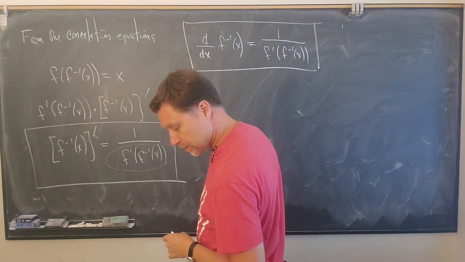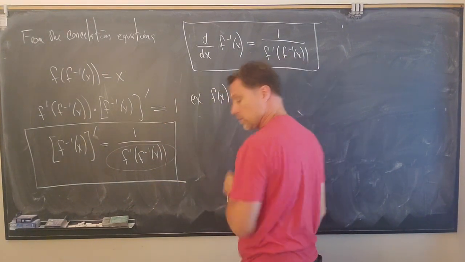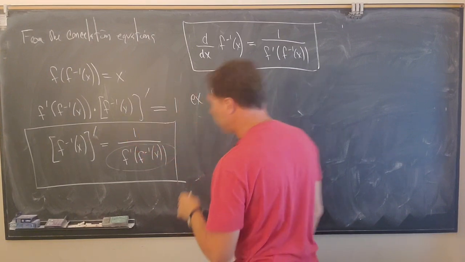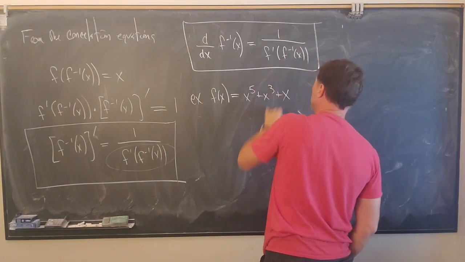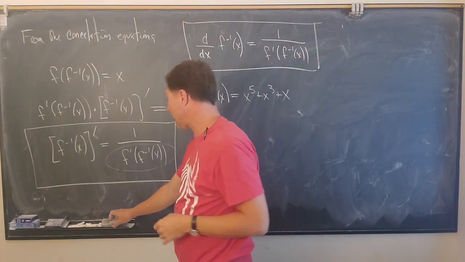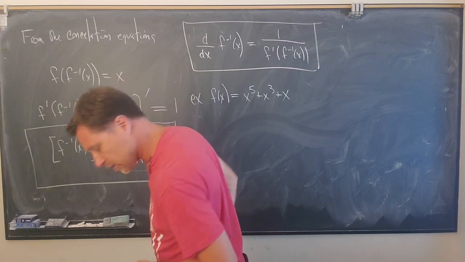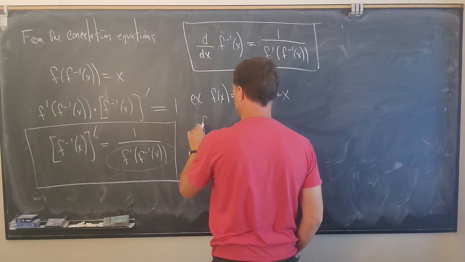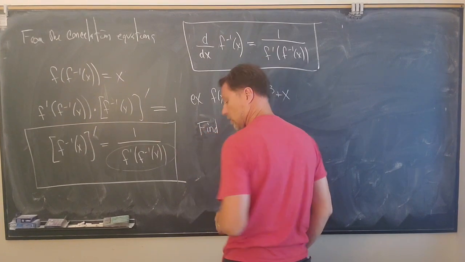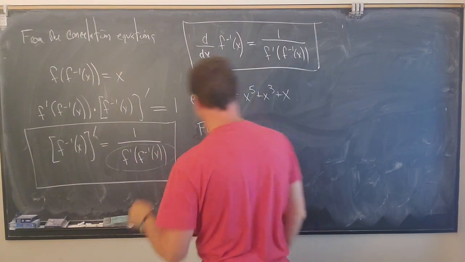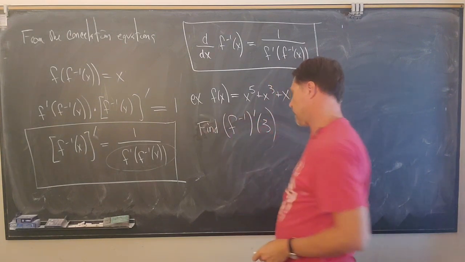So let's look at the function f of x equals x to the 5th plus x cubed plus x, and what I want to do is find the derivative at a particular point. So let's find f inverse prime of 3.